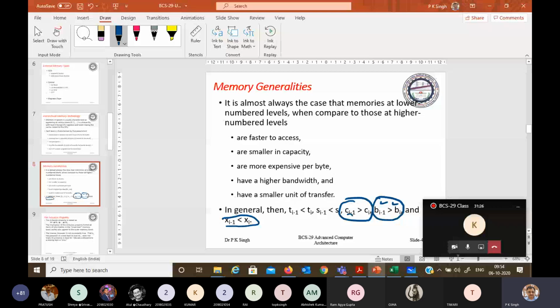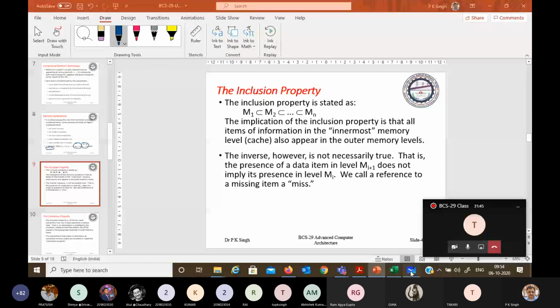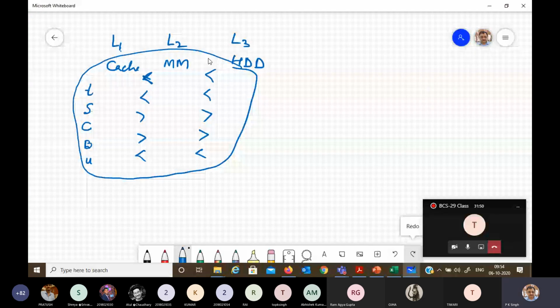For that, we will consider some properties of the memory hierarchy. First is the inclusion property. Inclusion property means the information held at L2 is a subset of the information held at L3.